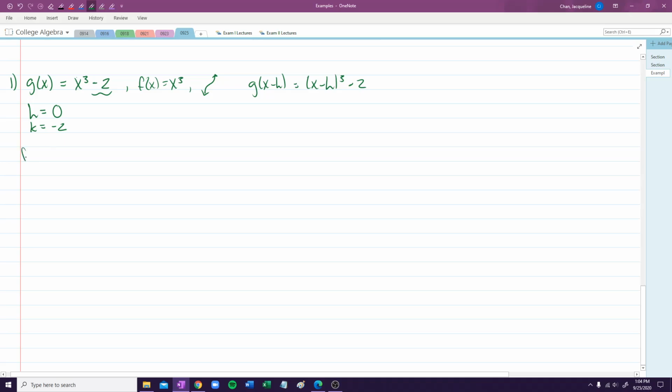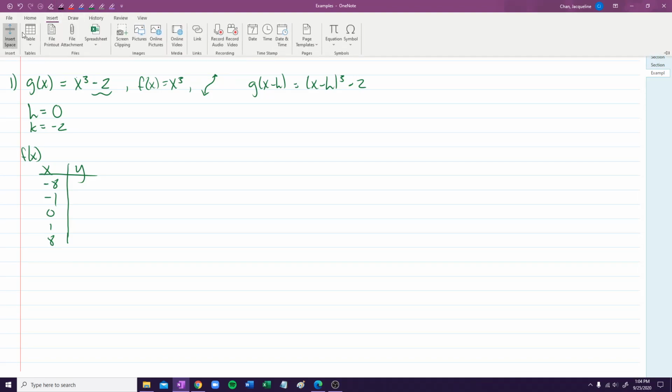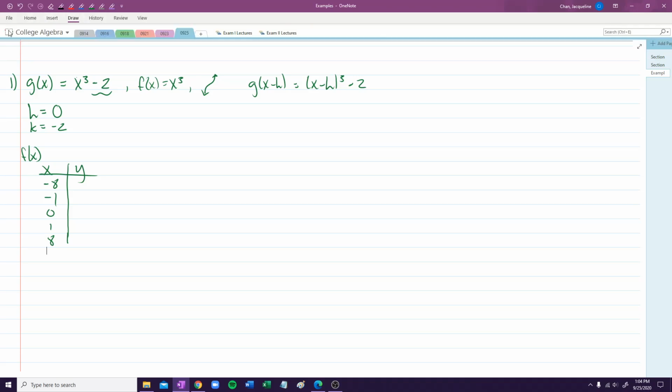For the cube, so f of x, we're going to write up the parent table. This is going to be negative 8, negative 1, 0, 1, 8. These are my y values, so I'm just going to move them over.